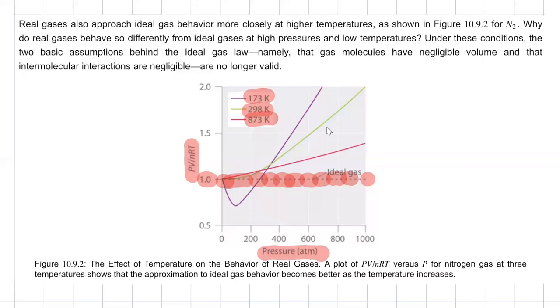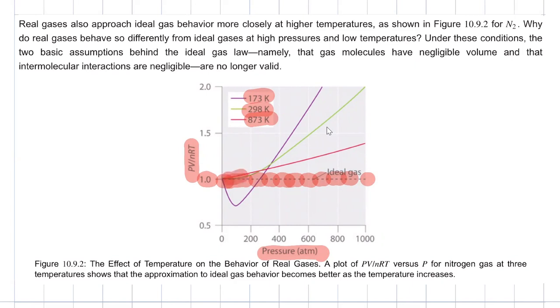Okay, so if the dotted line is ideal behavior, where PV over nRT gives you 1, what can you say about the effect of temperature on the behavior of real gases? When the temperature is low versus high, what's your conclusion from that?